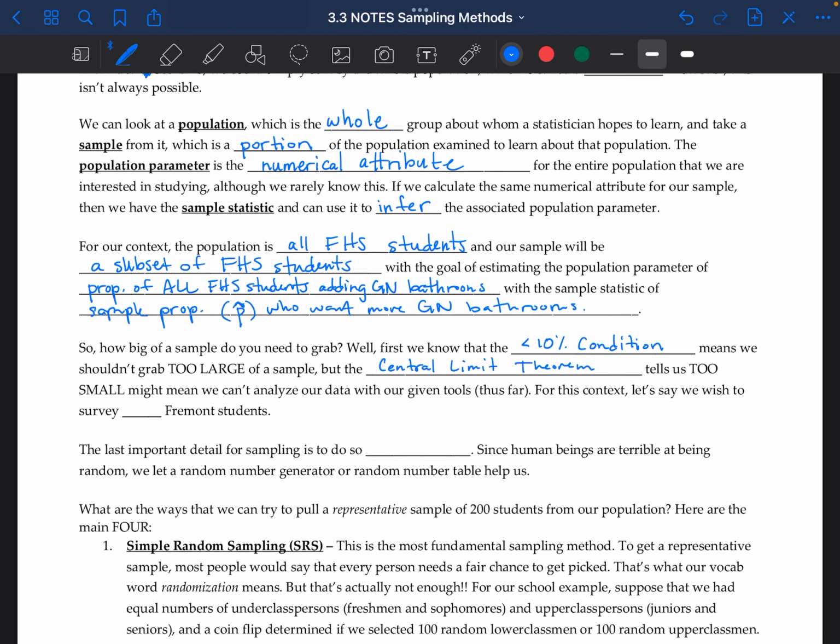But in this example, we're going to be okay. We can't sample more than 10% of just slightly over 2,000, and we want to try to hit that 30 mark because of the central limit theorem. The good news is there are over 2,000 people, so let's go ahead and survey 200 Fremont students.